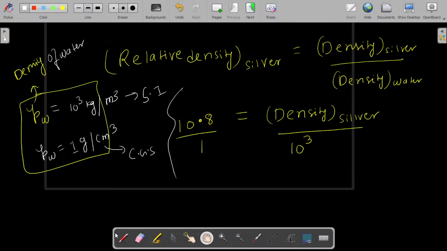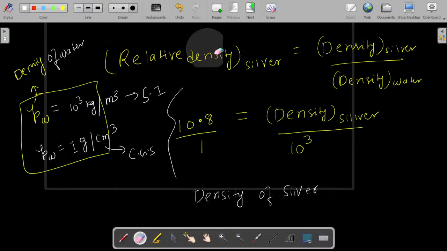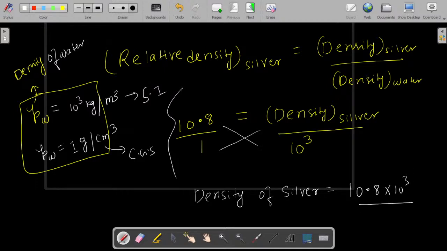Cross multiply it. So what is the density of silver? Density of silver is 10.8 into 10 to the power 3. Cross multiply it.